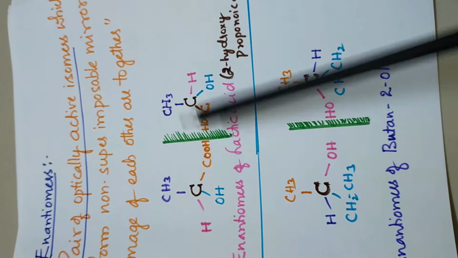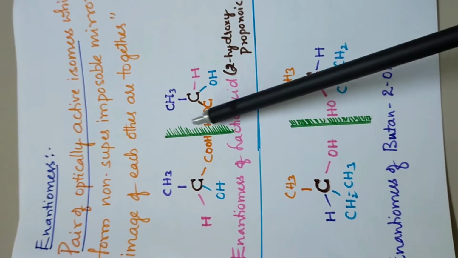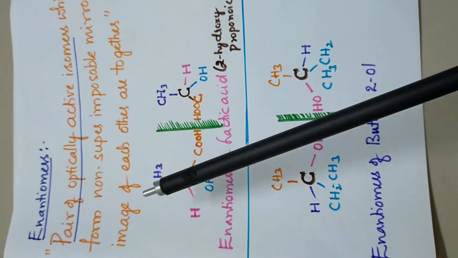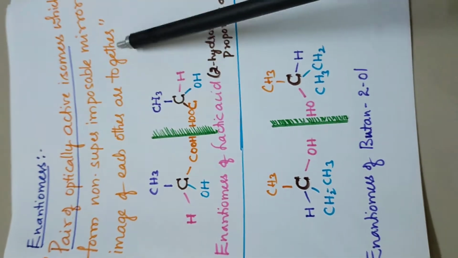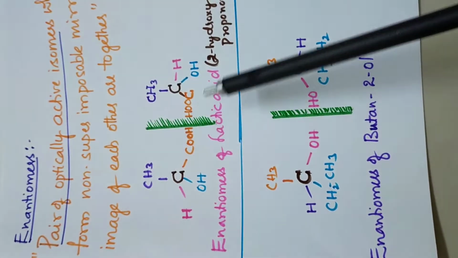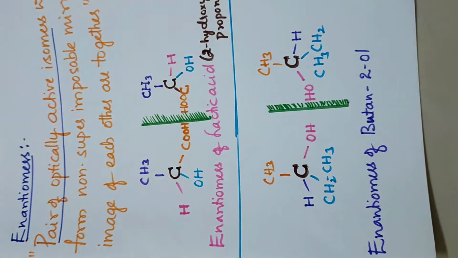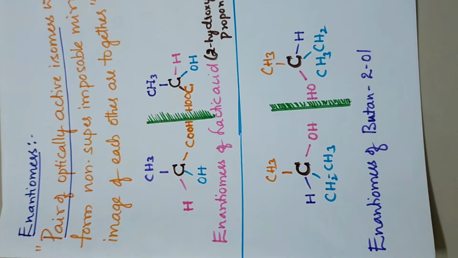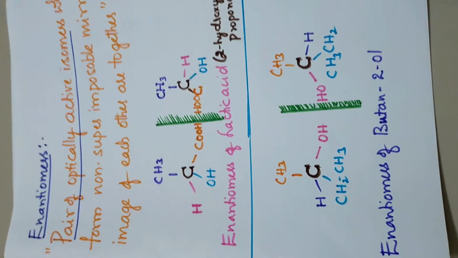Here we have taken optical isomers. We can see that the mirror images form non-superimposable mirror images on each other. They are called enantiomers. They should not form superimposable mirror images, they form non-superimposable mirror images.